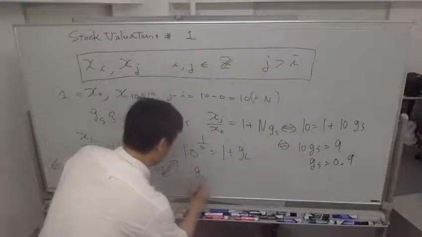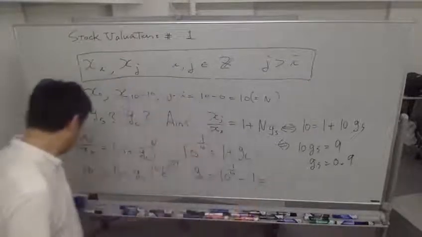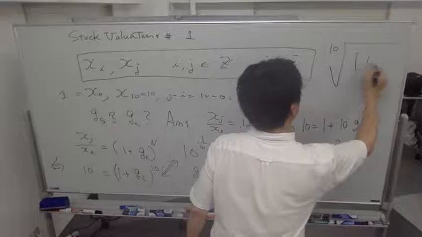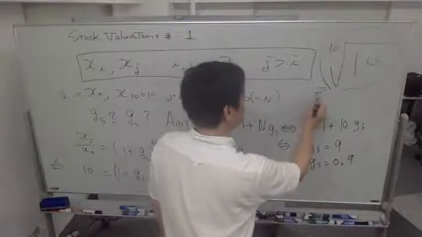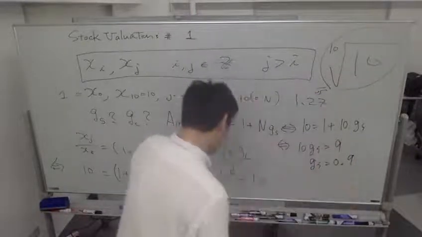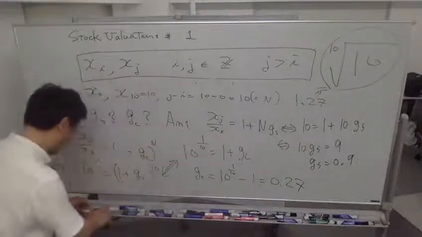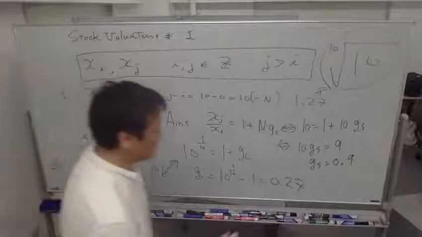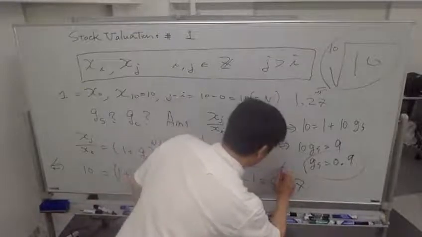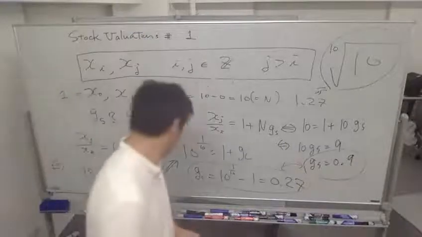So GC would be the 10th root of 10 minus 1. What's the 10th root of 10? By calculator, something like 1.27, so 0.27. So we got the result: GS is 0.9 while GC is 0.27. Look at that huge difference between GS and GC.